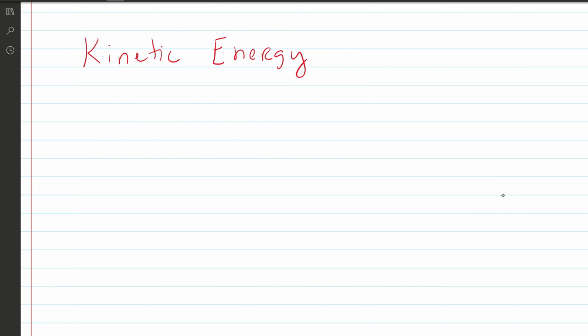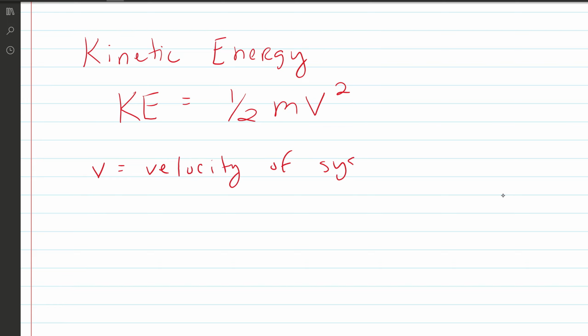So kinetic energy is equal to 1/2 mv squared, where v stands for the velocity of the system. So the faster an object is moving, the greater the kinetic energy.